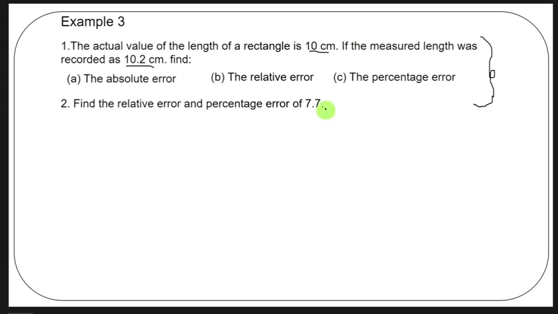Now when you look at question number 2, we haven't been told that a person did the measurement and got something. We are just told to find the relative error and percentage error of 7.7.